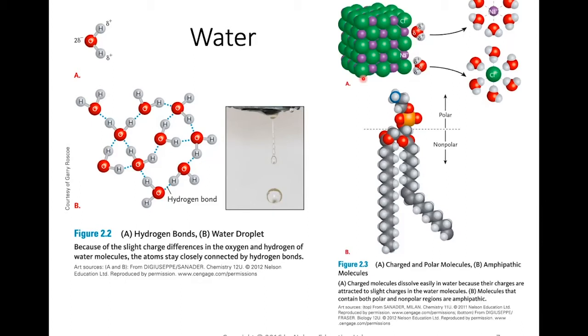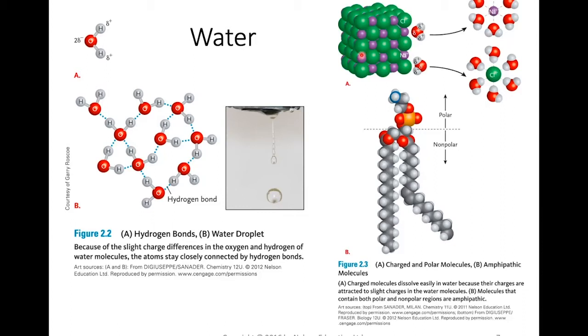The sodium is giving the electron, its outer electron, to the chlorine, and they are then bound together by those ionic bonds. What happens is the slightly positive hydrogen is going to be attracted to the chlorine, and the slightly negative oxygen is going to be attracted to the sodium, the cation. And so when you put an ionic compound into water, it's going to dissolve readily.